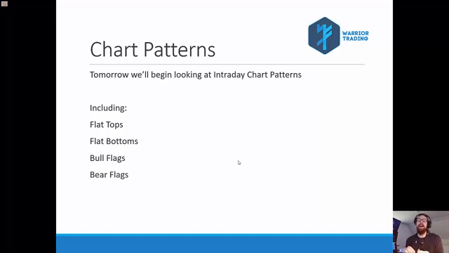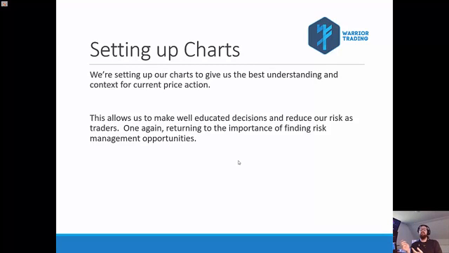So tomorrow, we're going to start looking at these intraday chart patterns, including flat tops, flat bottoms, bull flags, and bear flags. And again, this is another extension of understanding and minimizing our risk. We understand the foundation and the fundamental concepts of risk management, and then we minimize that risk by trading only the strongest stocks.